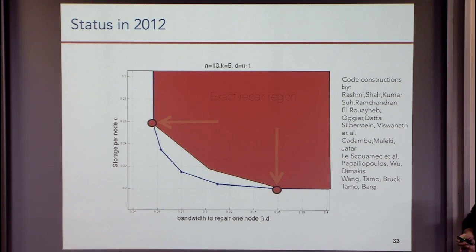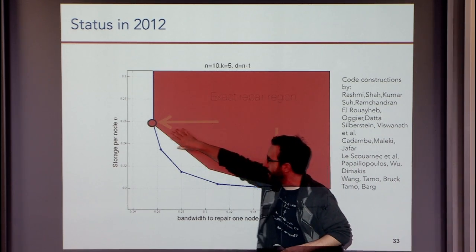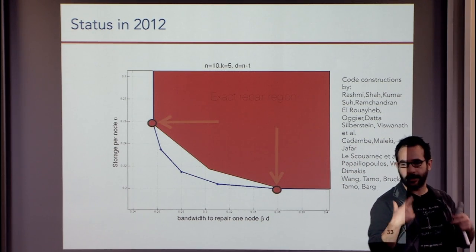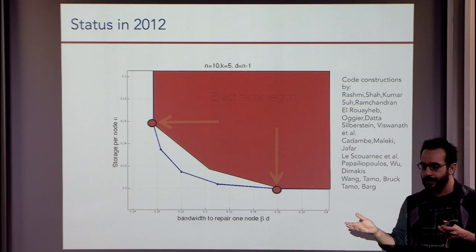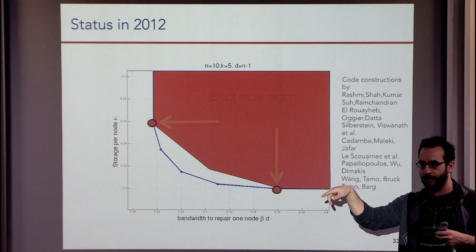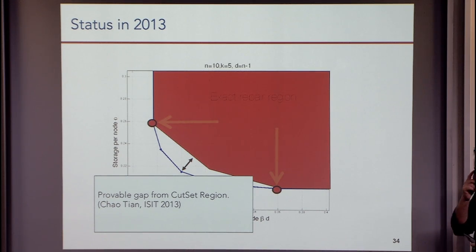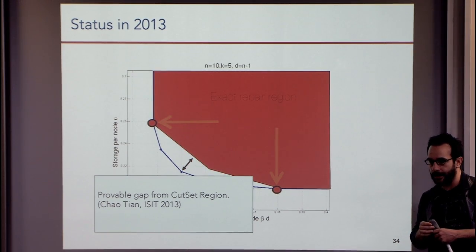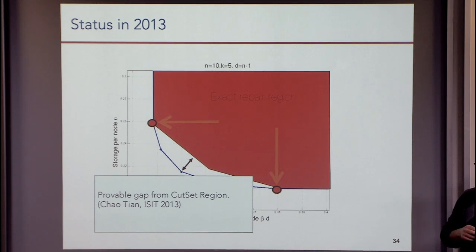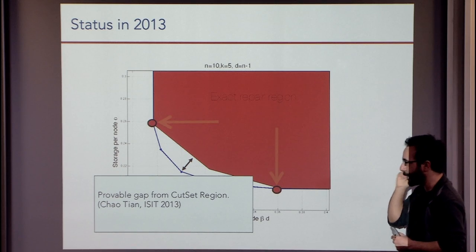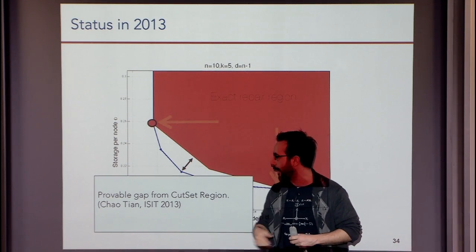Okay, so then you see now this red thing is starting to approach the blue thing, and you're saying, okay, I can conjecture that the whole cutset region is achievable for exact repair, and I did conjecture that. I was actually offering 12 bottles of ouzo for proving or disproving that the exact repair region matches the cutset bound.